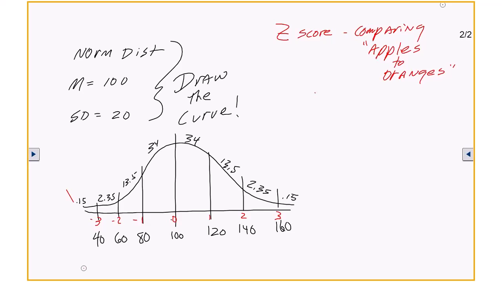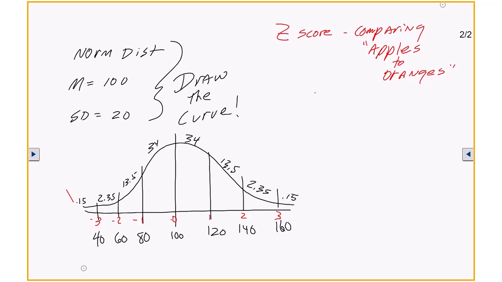When you go to Google and pull up the normal distribution curve, you may have the Z-scores on the bottom. That's another word you could type in: empirical rule, Z-score, normal distribution. And you should get the graphics that have everything on it, like this one right here that I just did.